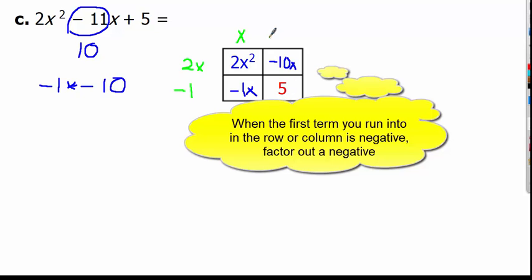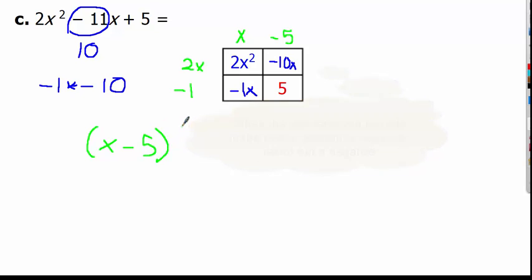Since this term is negative, I'm going to factor out a 5. And we have x minus 5 across the top, and 2x minus 1. And if I am solving that, when I set it equal to 0 and move it over, it changes sign, this guy's going to change sign, and it's going to be 1 over 2.